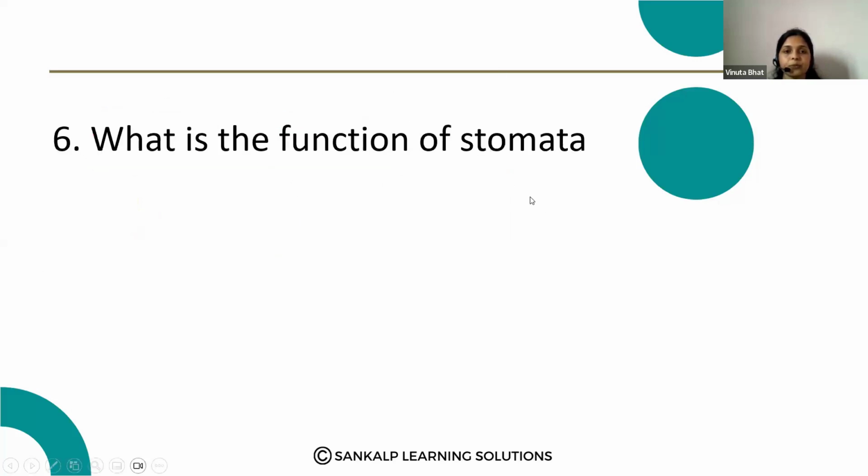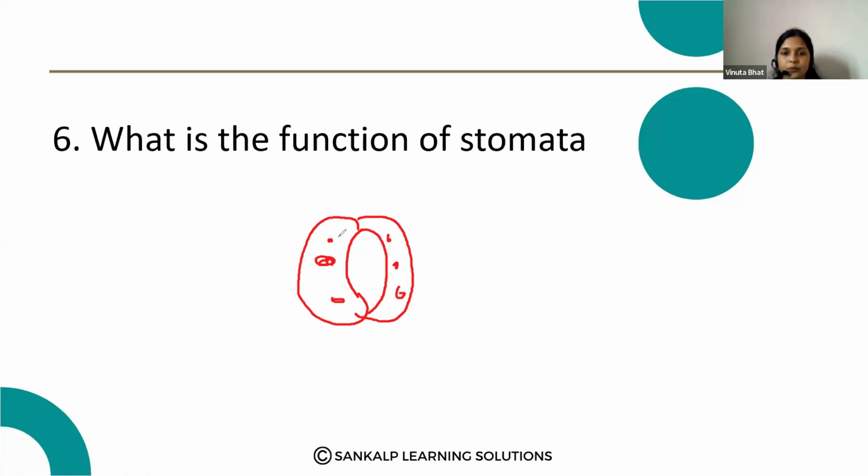Next question. What is the function of stomata? So stomata, you know, help in the exchange of gases during photosynthesis as well as during respiration. These are the guard cells. The diagram is also very important: closed stomata and open stomata.